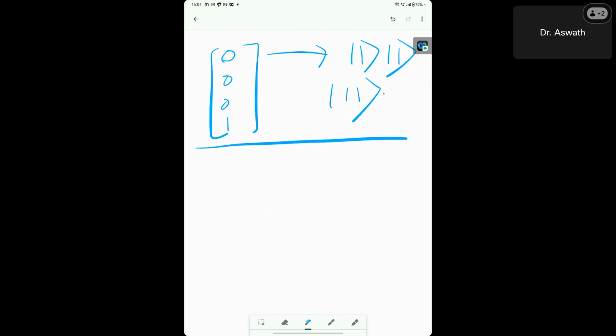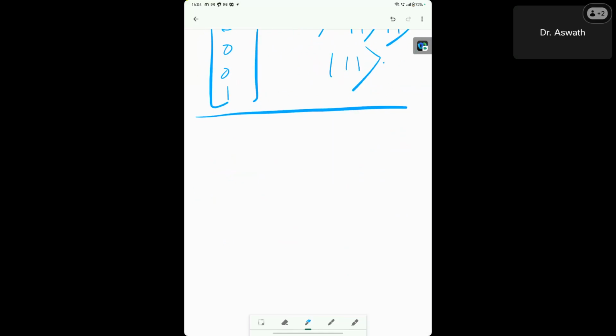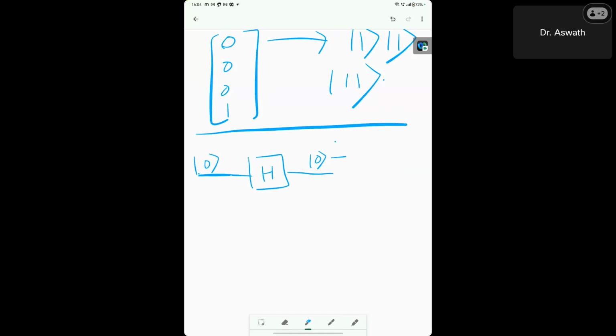Now there is a beautiful property, beautiful things you can get out of these gates. Let's say I start with a single qubit which is in 0. I act a Hadamard gate on that. Okay. So 0 becomes a superposition, divided by square root of 2.